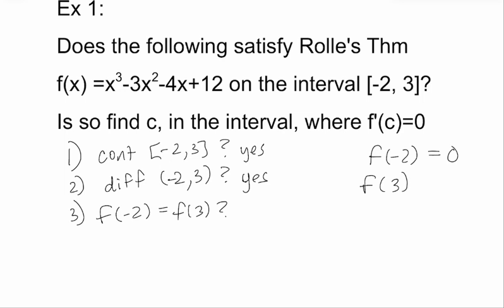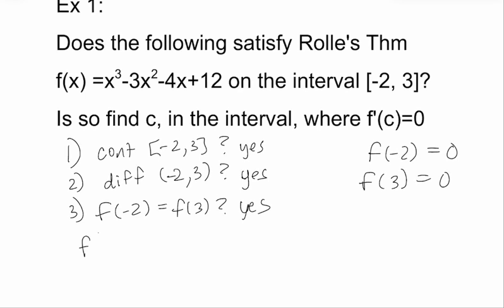If you plug in 3, you also get 0. So that's a yes. If those 3 things are true, then we have to find c, where f prime of c equals 0.